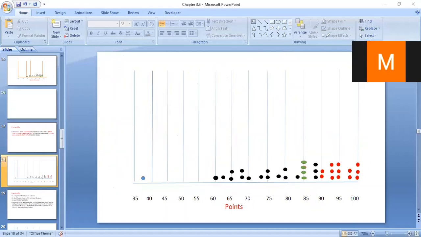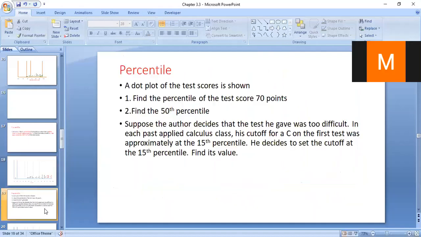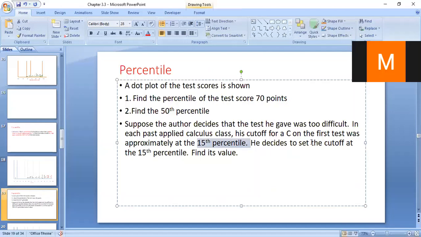And question 3. Suppose the author decided the test given was too difficult. In each task, he applied a cutoff for the class. The first test was at 15%. He decided to set the cutoff at 15%.